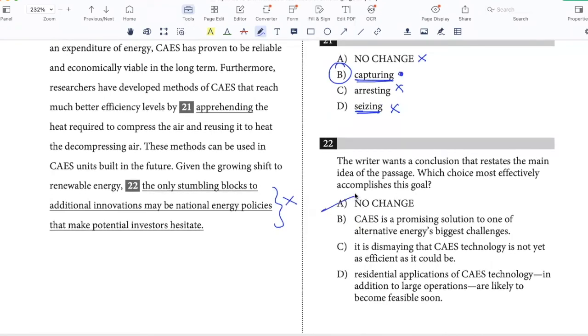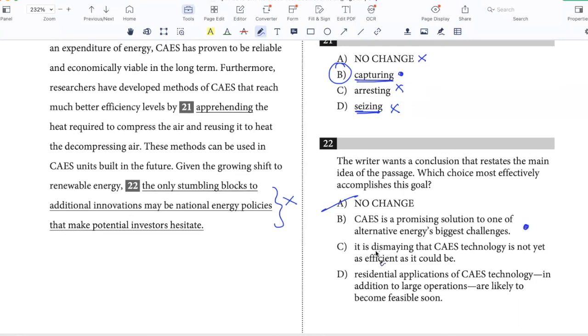So it's not A. CAES is a promising solution to one of alternative energy's biggest challenges. Right, so that is a good option because I know that a challenge of renewable energy is using it when it's required, because it's not always available when it's needed. So this is a promising solution. So I like this. It is dismaying that CAES technology is not yet as efficient as it could be.